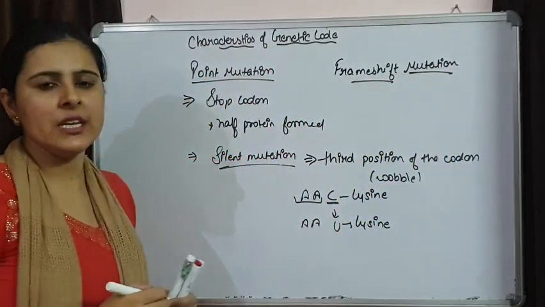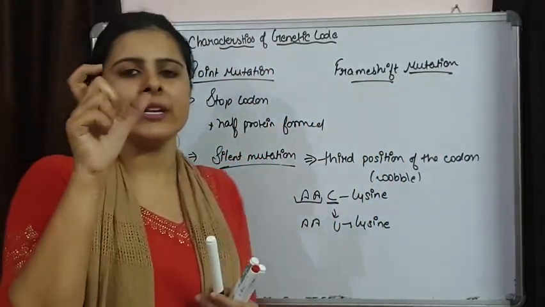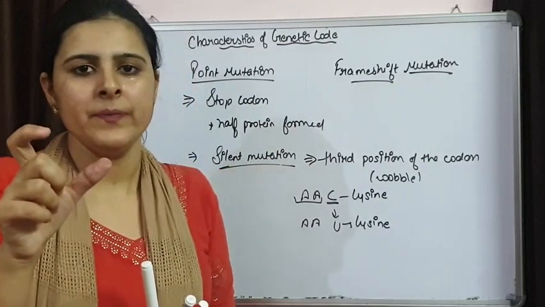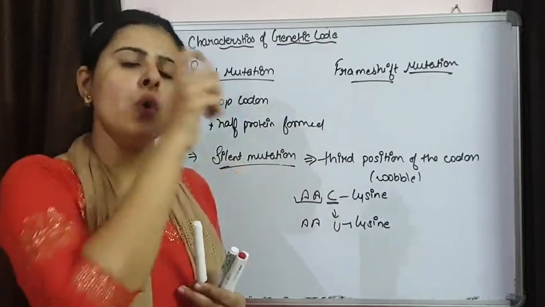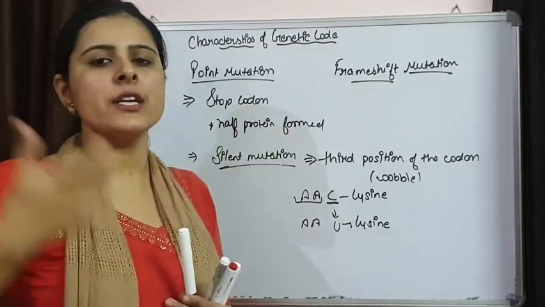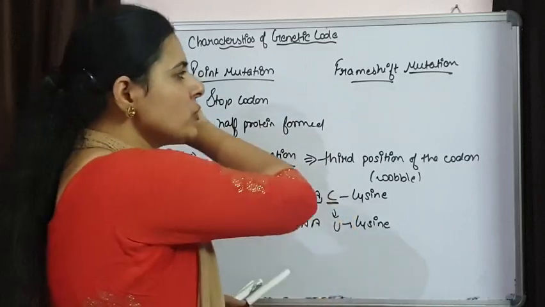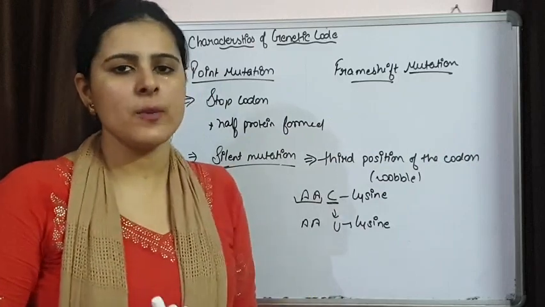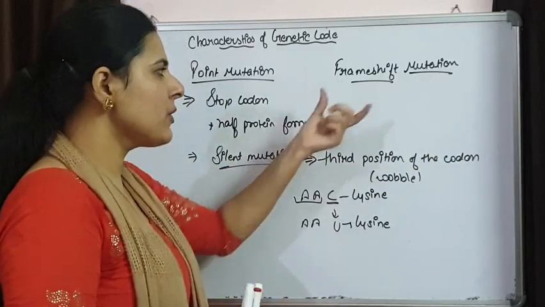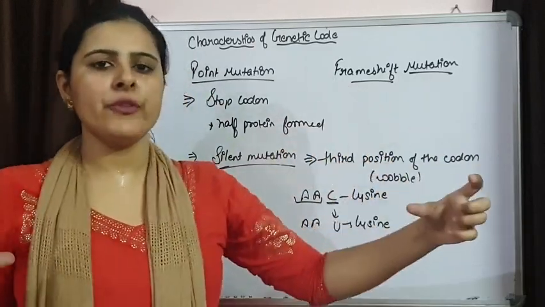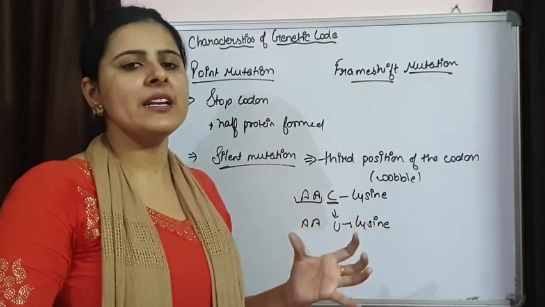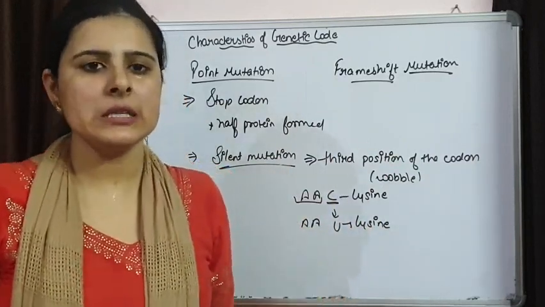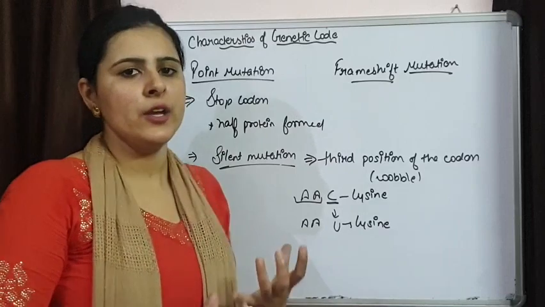If the change in nitrogenous bases is not a multiple of 3, if 2 are inserted or deleted, or 1 is inserted or deleted, that is going to change the complete frame. We have talked earlier also about frame shift mutation, and because of the change in the frame, a completely different protein will be synthesized that might not be functional.